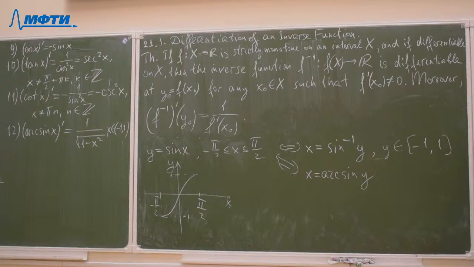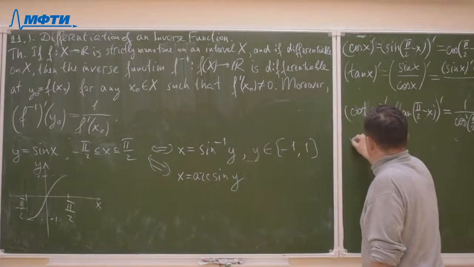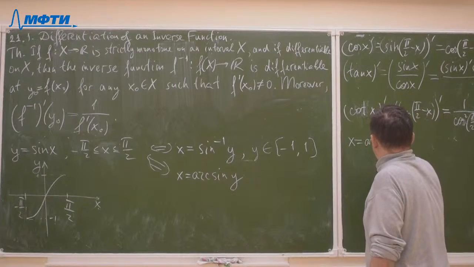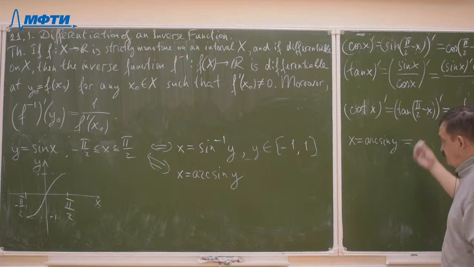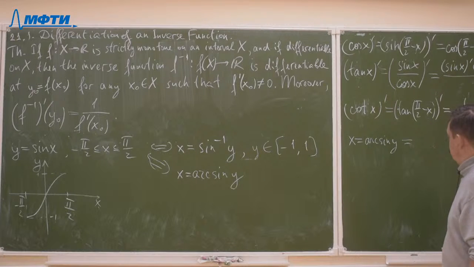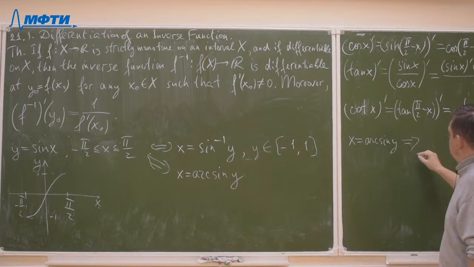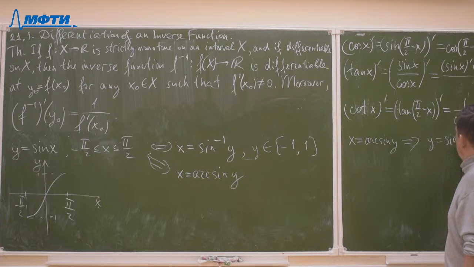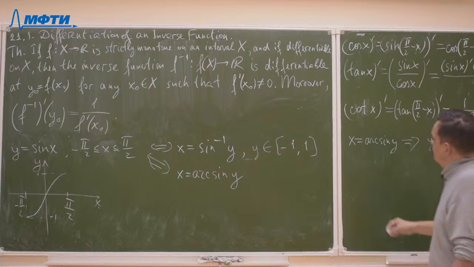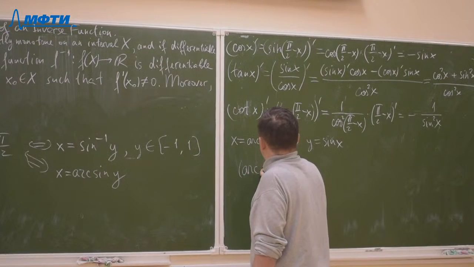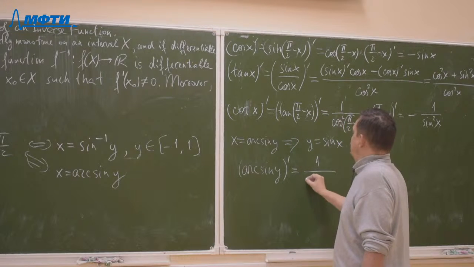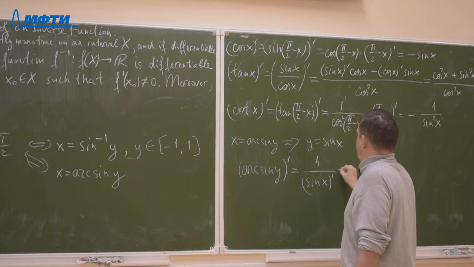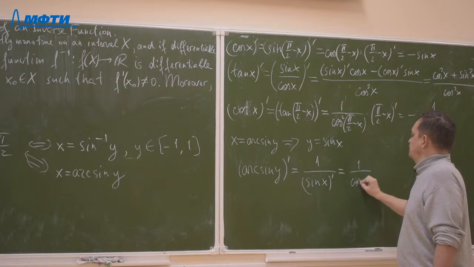We may use again x is arcsine y, the inverse function to sine, so y is sine x. Then arcsine y prime equals 1 over sine x prime, that is 1 over cosine x.